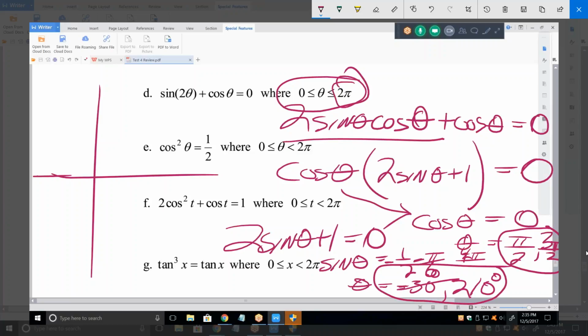That's 7 pi over 6. So if I'm putting everything in terms of radians, it's minus pi over 6. Actually, that's not in our domain, is it? No. What's the correct angle that is the same as minus pi over 6, only it's in our domain?